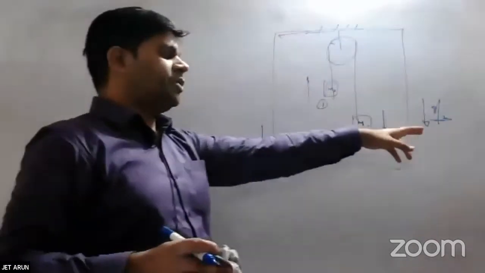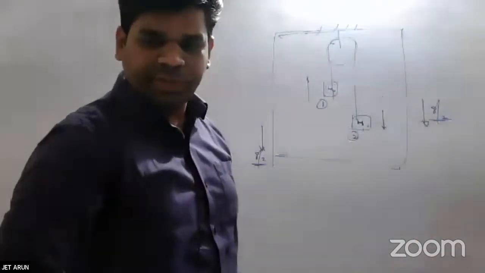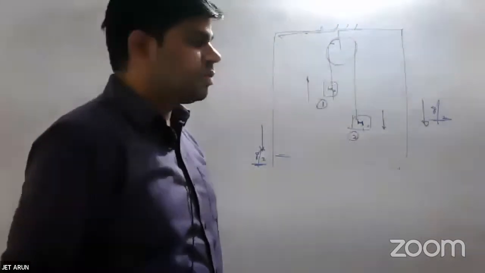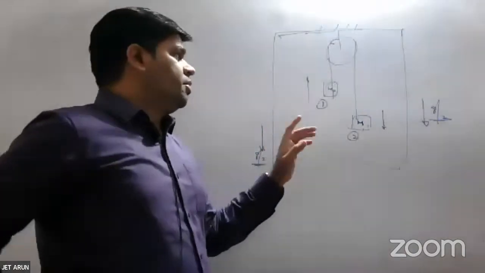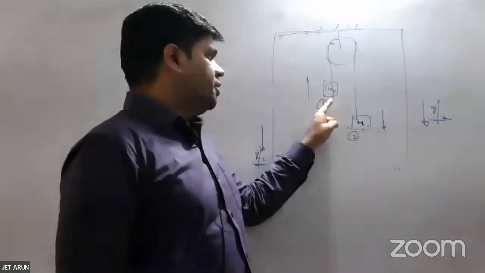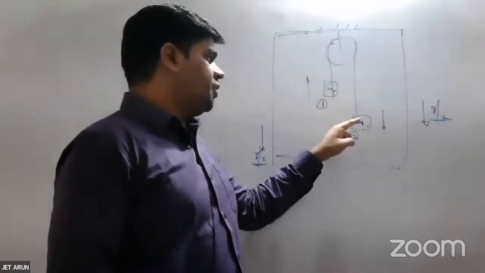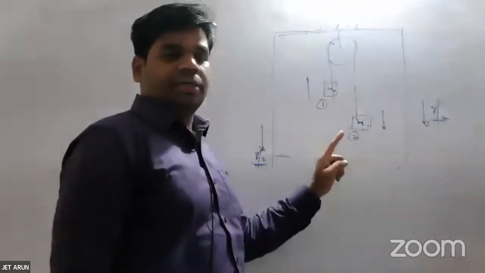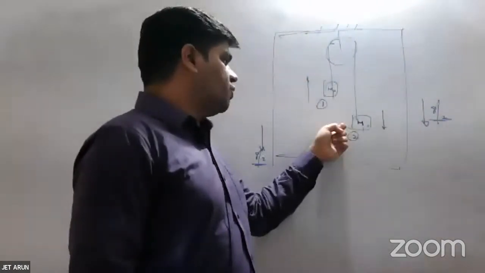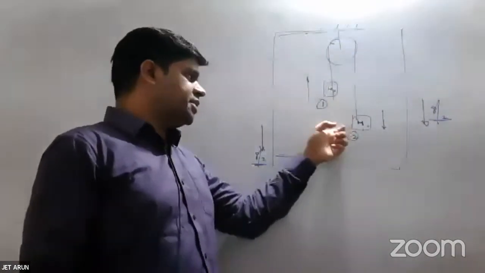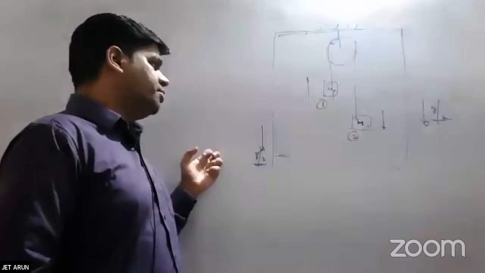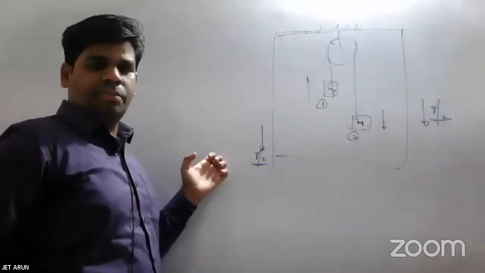This lift is going down with g by 2. Understand the question carefully. If you understand the question, it's 99% done. One particle is m0, the other particle is m, required to find m such that acceleration of 2 with respect to ground is 0. That is, particle 2 seems to be at rest with respect to ground.